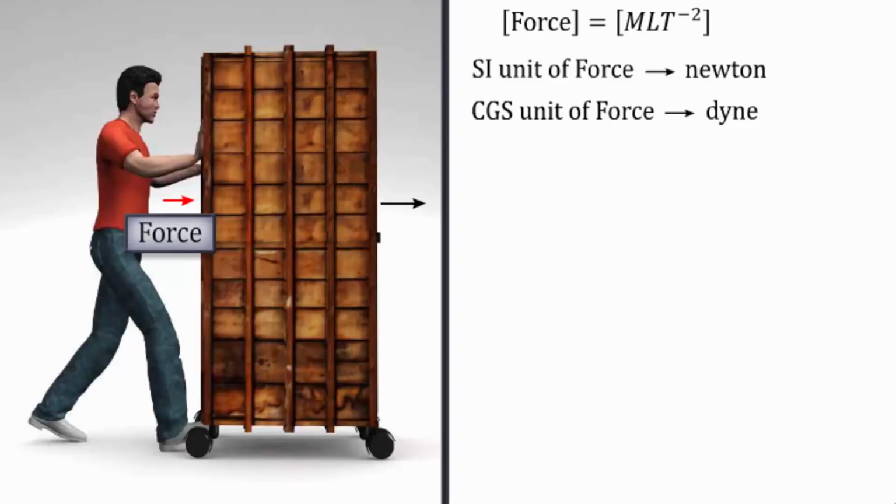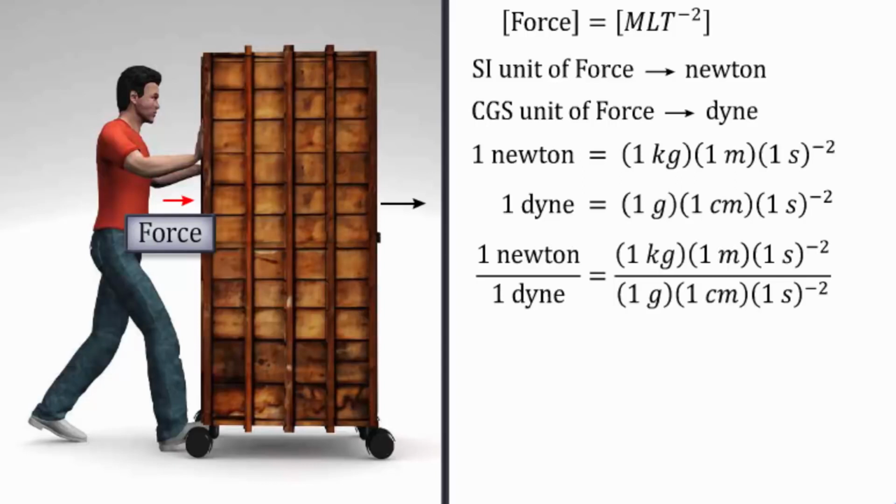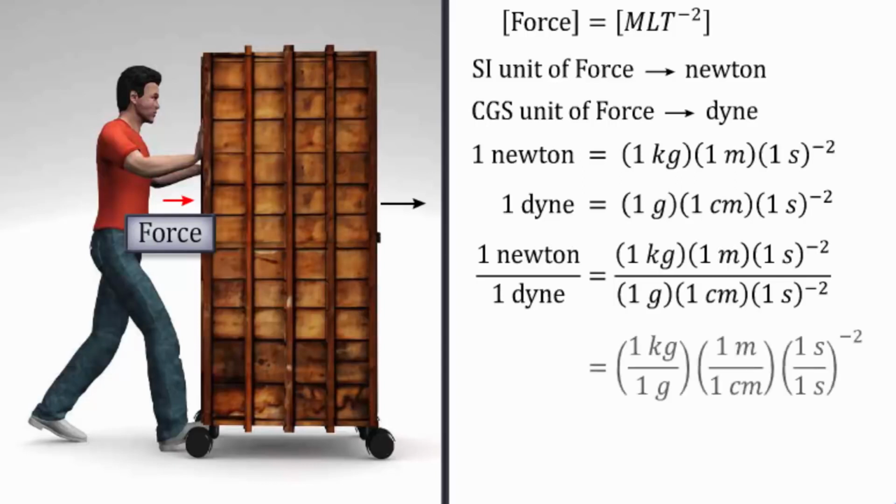Hence, 1 Newton is equal to 1 kilogram into 1 meter into 1 second power minus 2. Similarly, 1 dyne is equal to 1 gram into 1 centimeter into 1 second power minus 2. Now, we divide 1 Newton by 1 dyne and find the ratio of Newton to dyne as shown. Thus, 10 power 5 is the conversion factor to convert Newton to dyne.